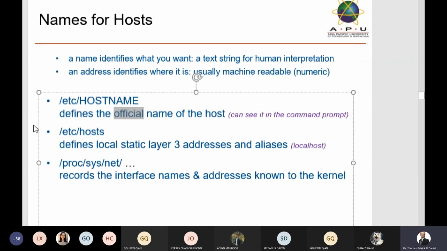So this is the only official name, but we can have more than one name as long as we create a pointer to the official name and map the alias to that name. We can follow that chain through.